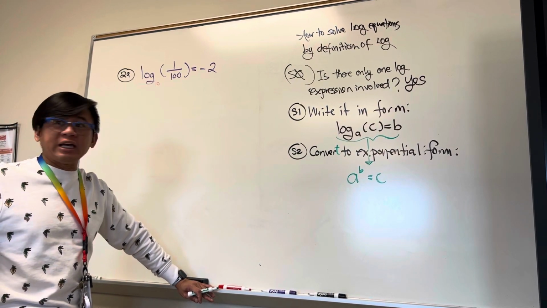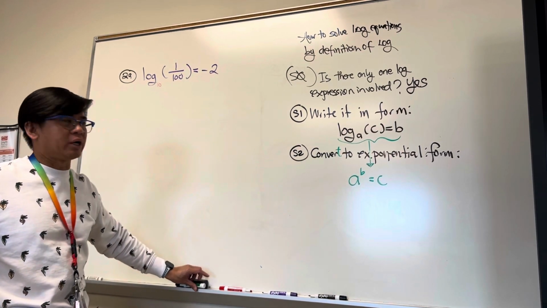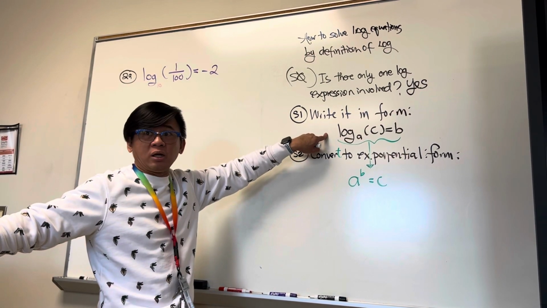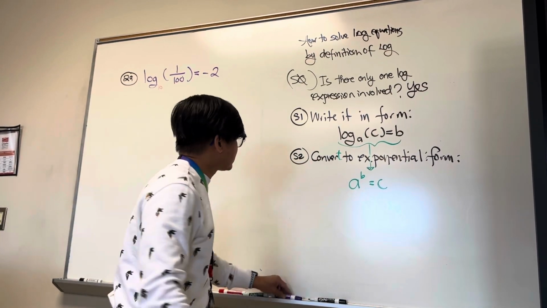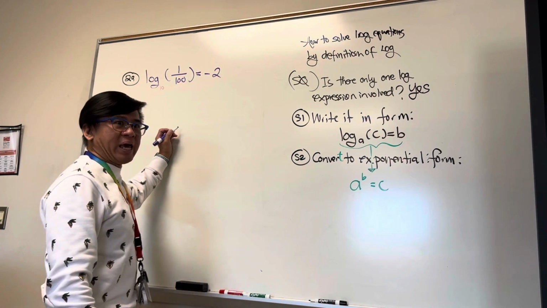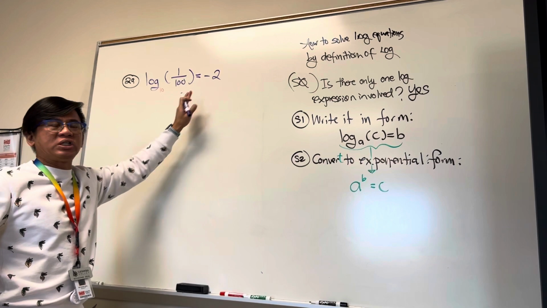Okay, let's read in here. Candy, go ahead. Convert to exponential. Right. So since this is of this form already, you just express it into its exponential form instead, right? So what is this gonna be? What's the base number, guys? What's the base number? 10, 1 over 100, or negative 2?